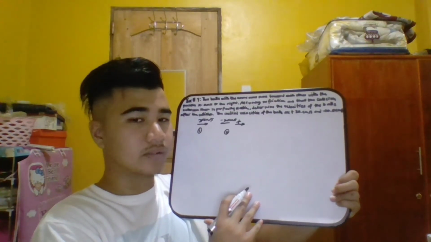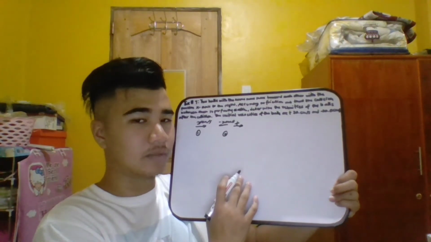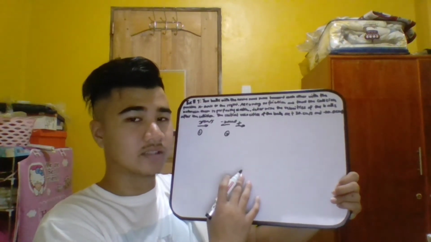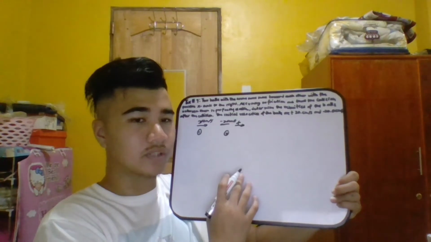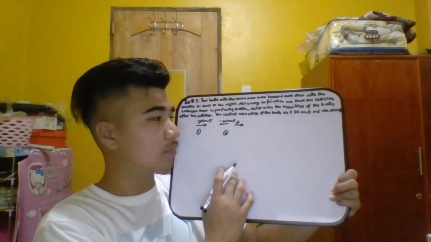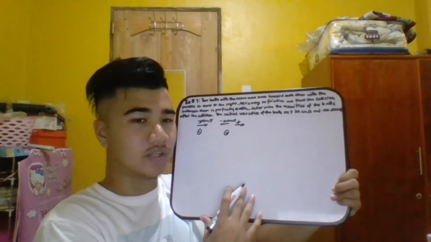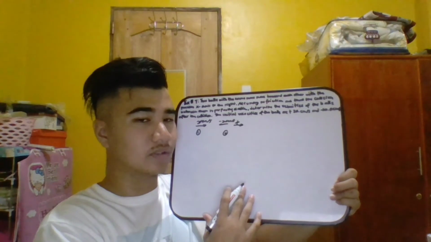So write first the conservation of momentum, and since their masses are equal, we can cancel out the mass in the equation and substitute their initial velocities right away, positive 30 cm per second and negative 20 cm per second.